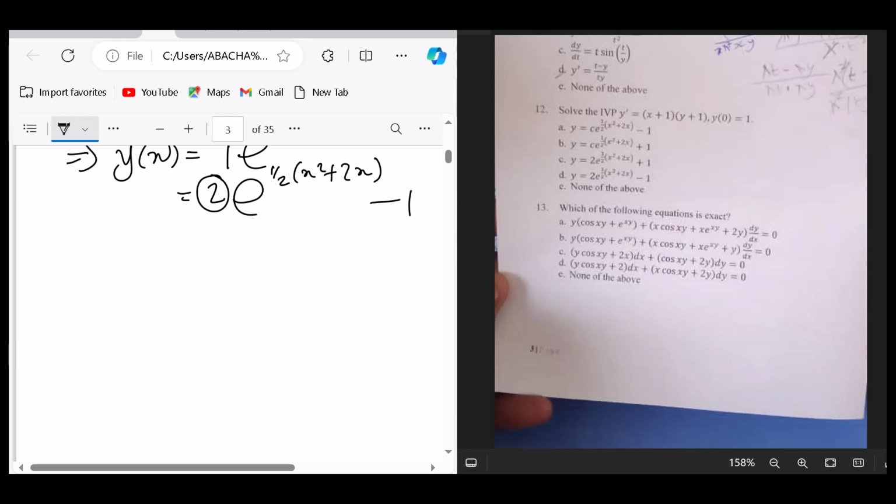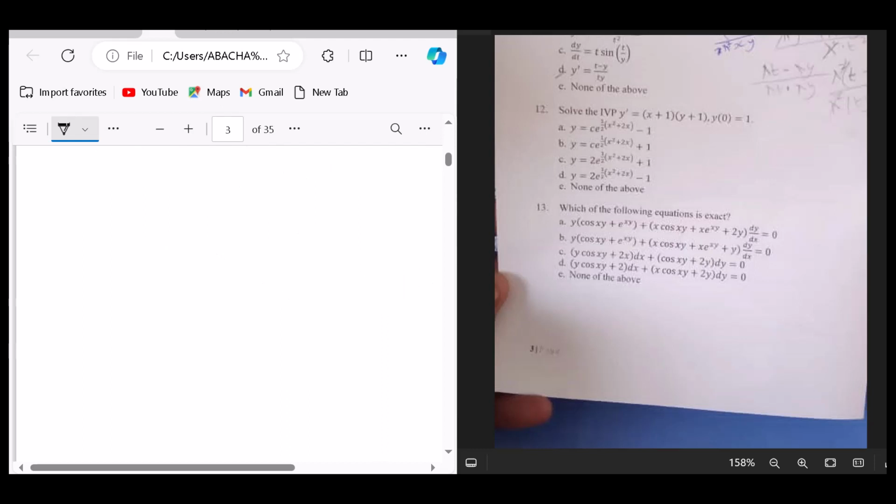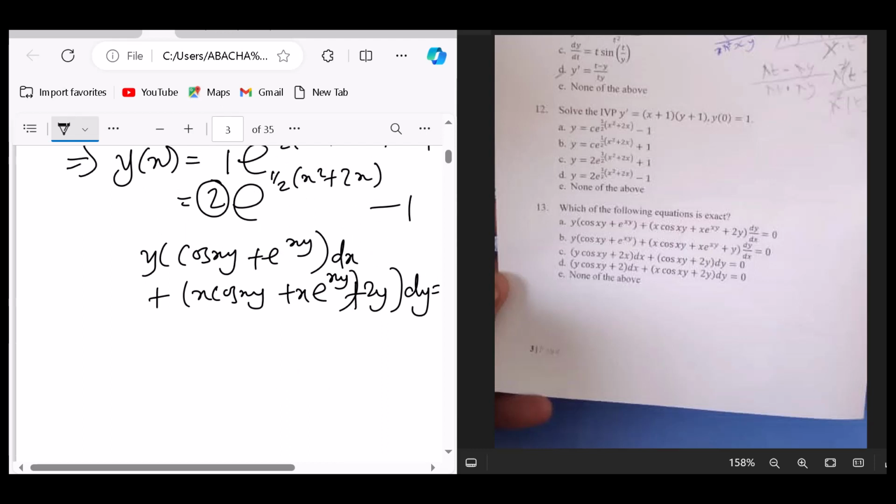So in that case, we have y cos xy plus y e power xy dx, like this, then plus x cos xy plus x e power xy, sorry, plus 2y, all this dy, all this equals 0.